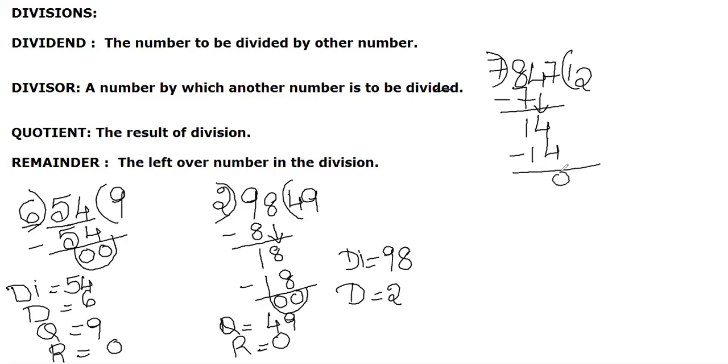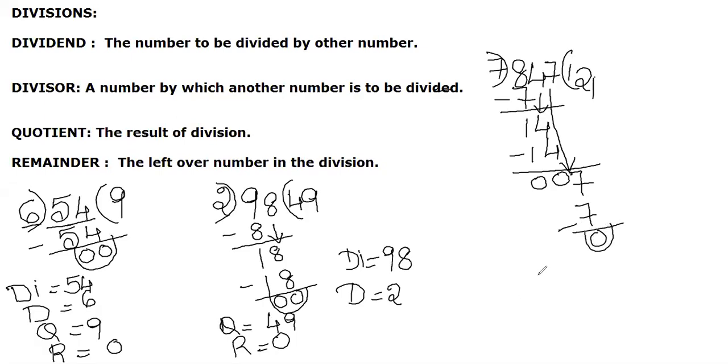4 minus 4, 0. 1 minus 1, 0. Now go for the third digit. See, till we complete all of the dividend, I should continue doing the division. Now in the 7 table, when will we get 7? Yes, 7 ones are 7. 7 minus 7? 0.